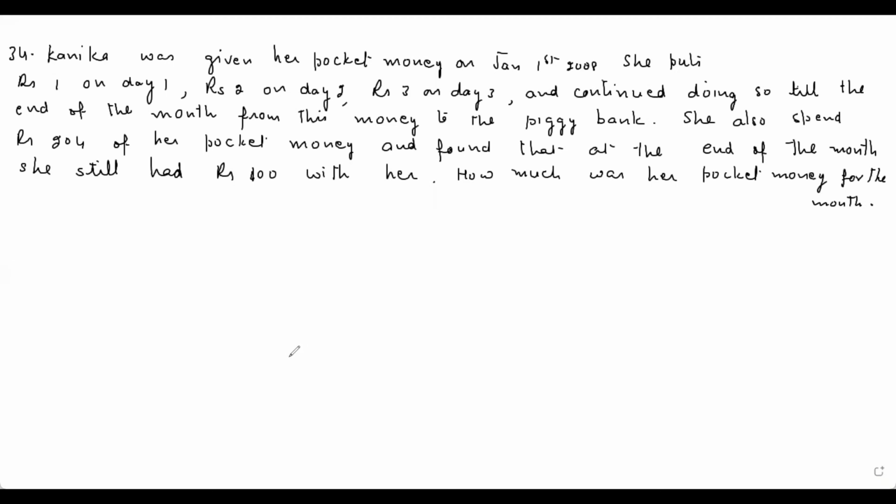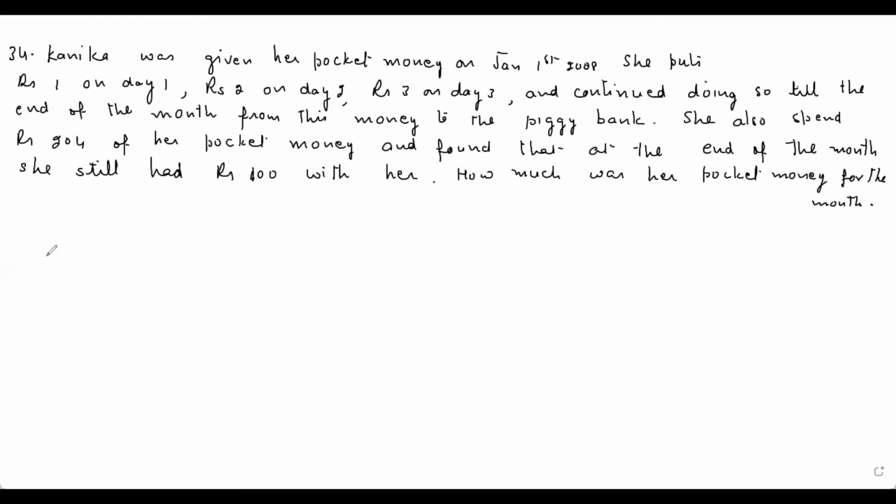Kanika was given some pocket money. How she spends that pocket money is given to us. We are to find how much was her pocket money for that month. Now this is the month of January. There are 31 days in the month of January. She saved some pocket money.